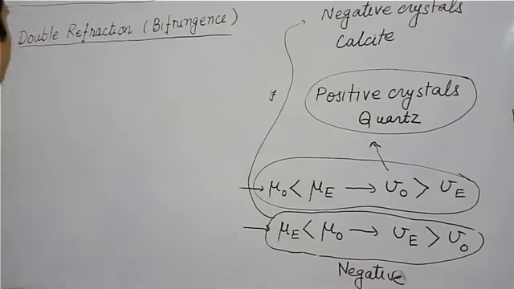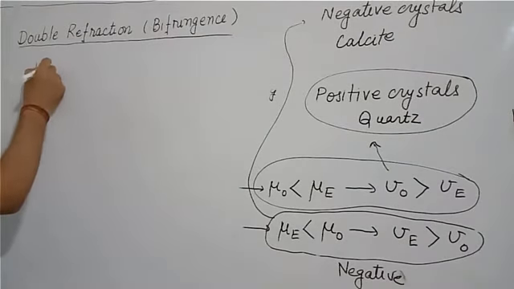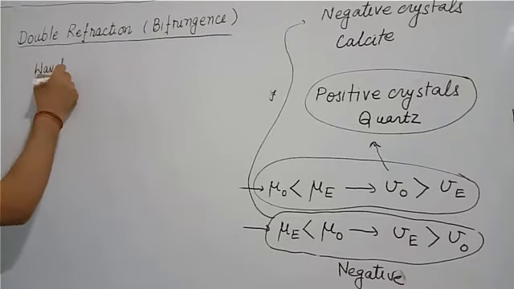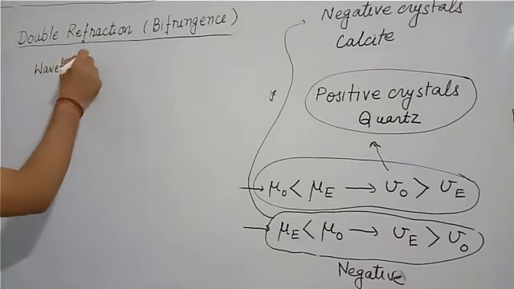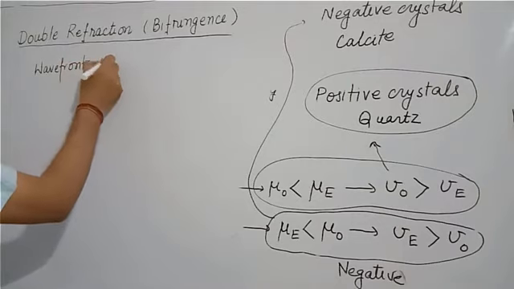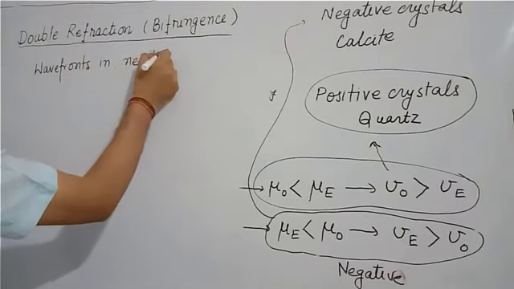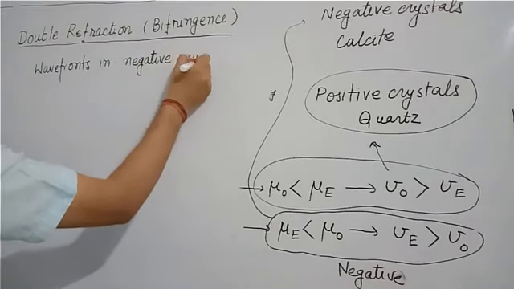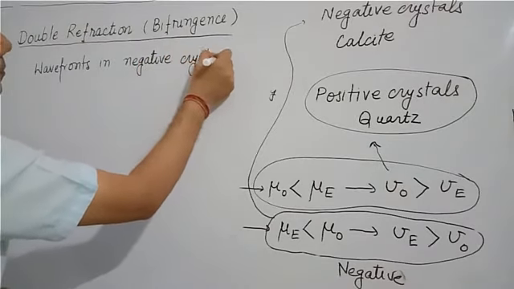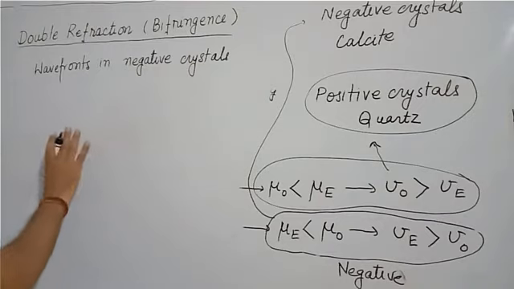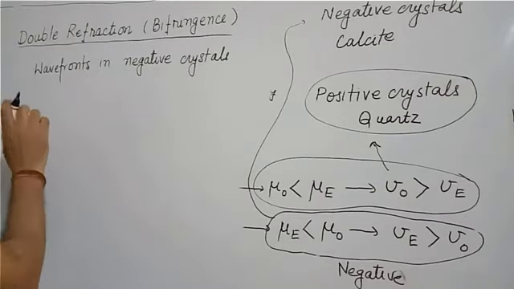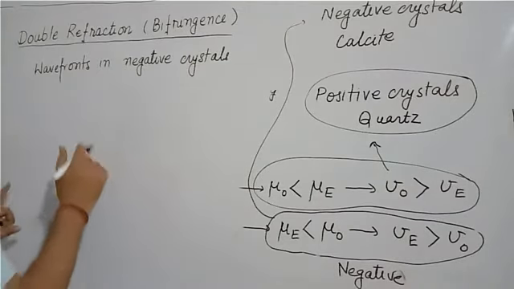So now we will draw the wave fronts for O ray and E ray in negative crystals.